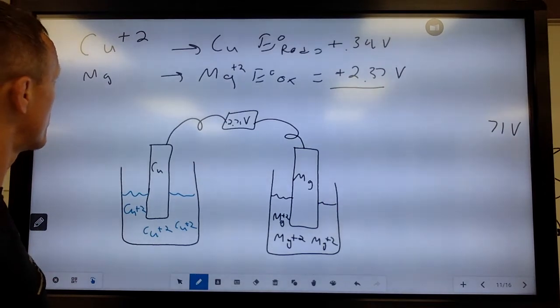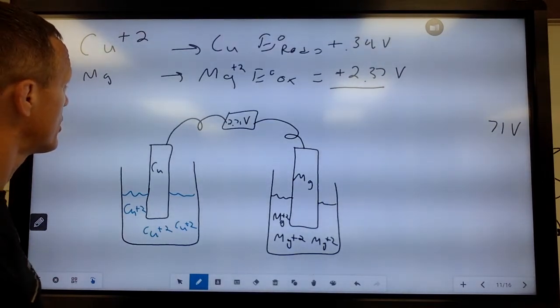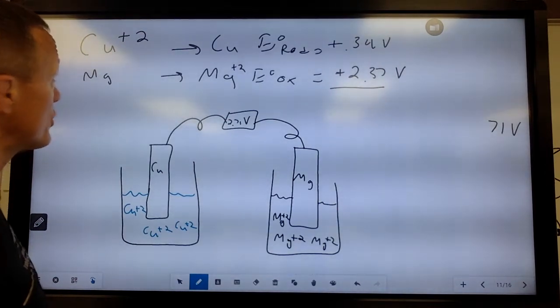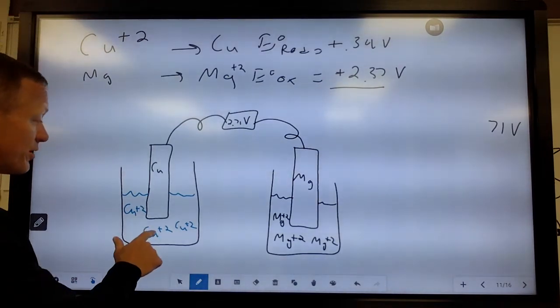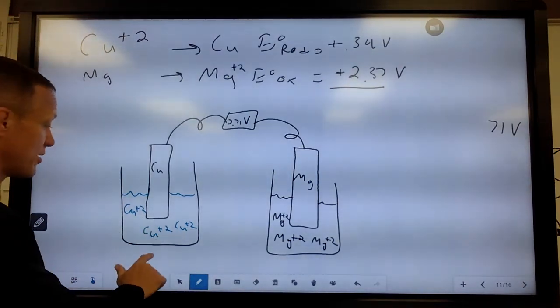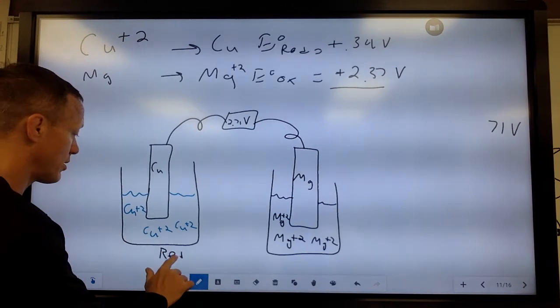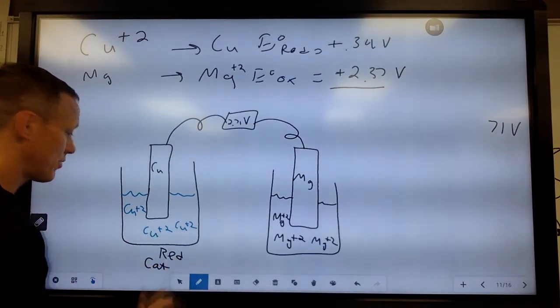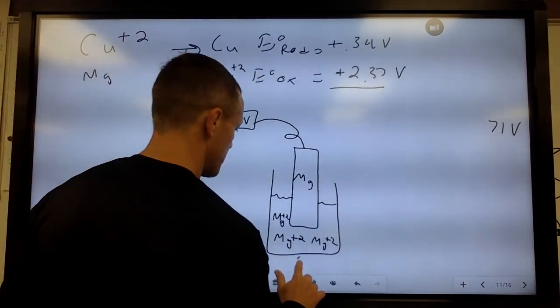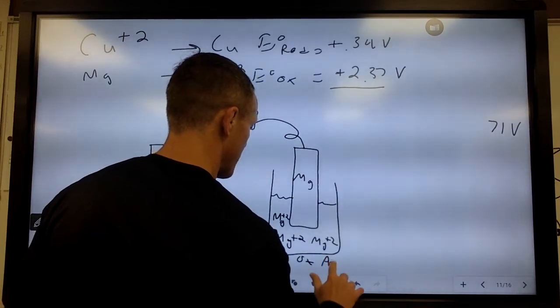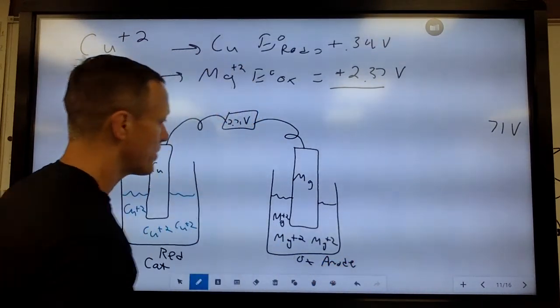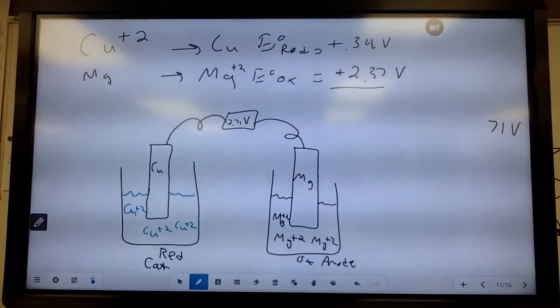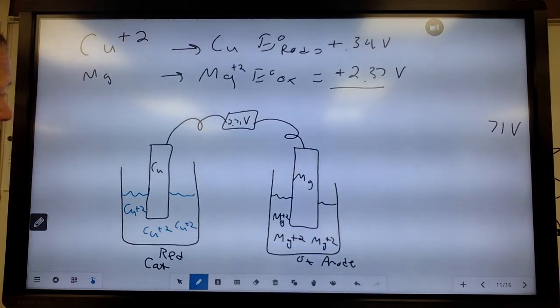So if we think, you remember our electrons, our copper is being reduced. Our copper plus 2 is being reduced. So reduction is happening here. That means this is our cathode, red cat, and oxidation is happening over here. That means this is our anode. Electrons flow from the anode to the cathode.